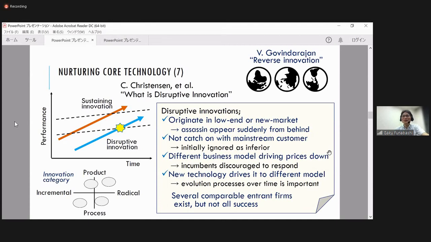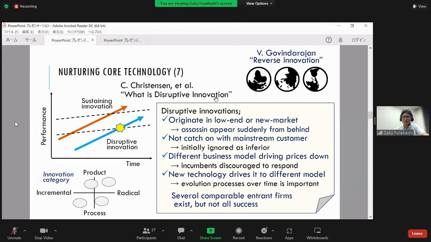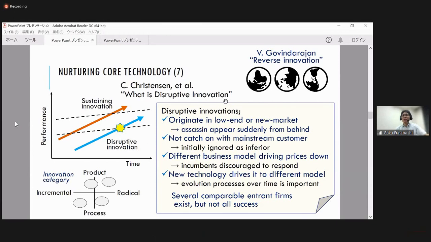So far, so good. Let me now explain Clayton Christensen's disruptive innovation. After you graduate from LJI with an MBA degree, in the future you will have many opportunities to discuss with many management consultants or business people from other countries.